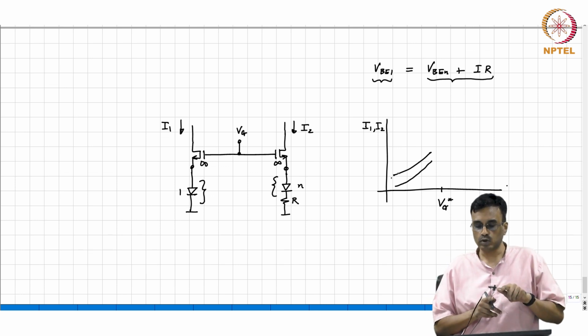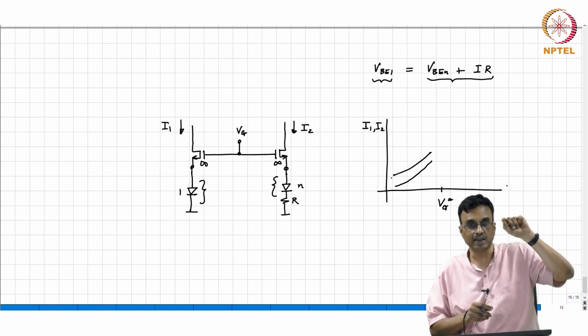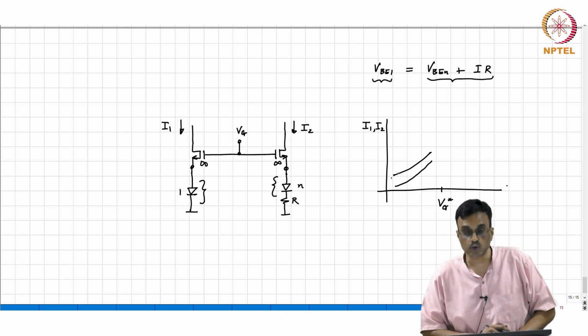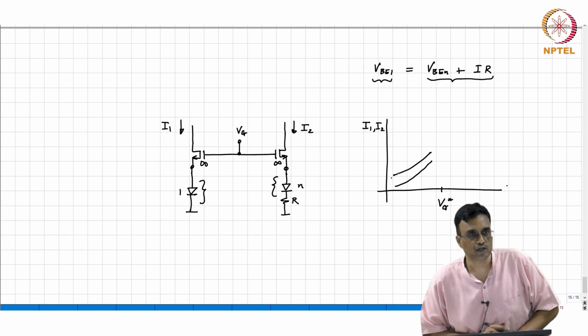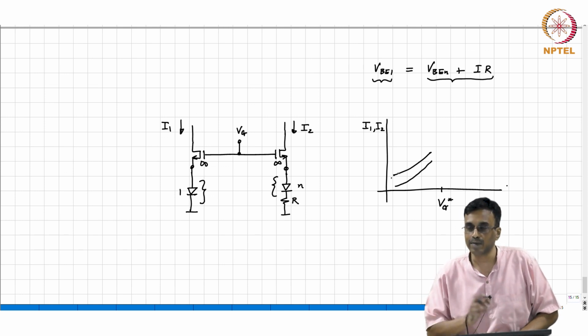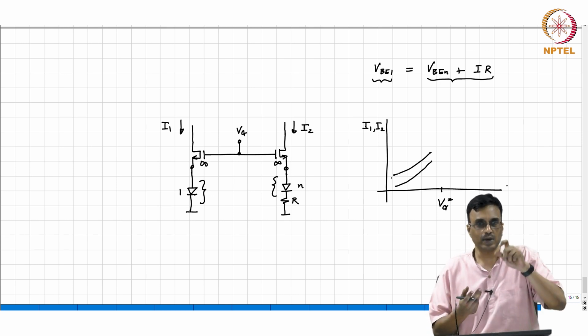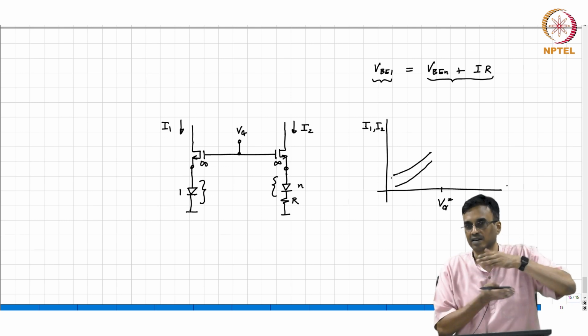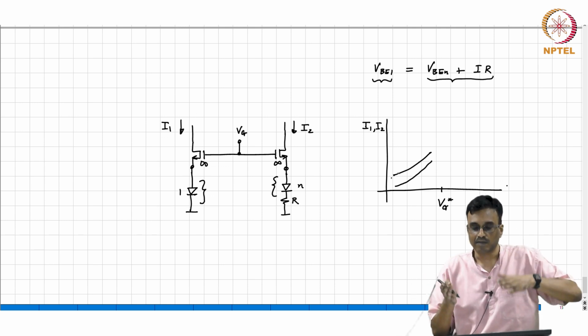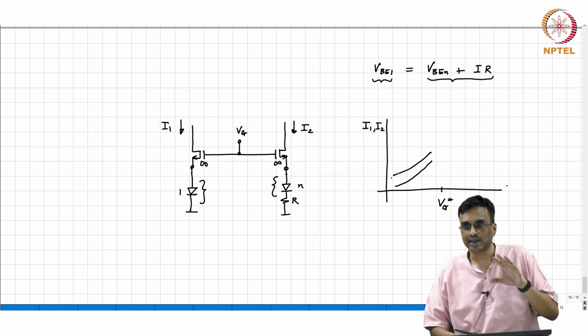Now as the voltage Vg keeps increasing, what comment can you make about I2? Which voltage drop can you neglect as I becomes more and more? The diode drop will change very little because the voltage is logarithmic, whereas the voltage drop across R is linear.